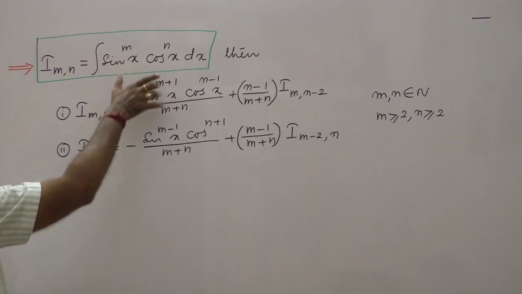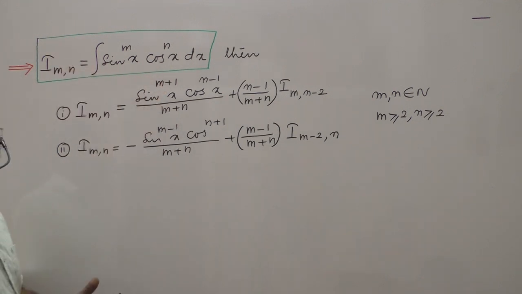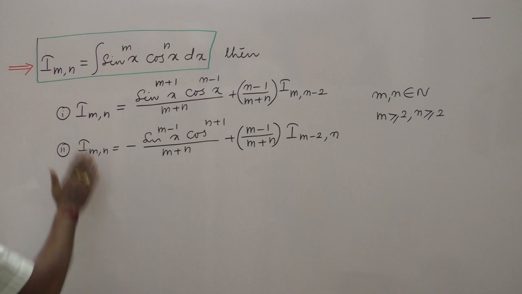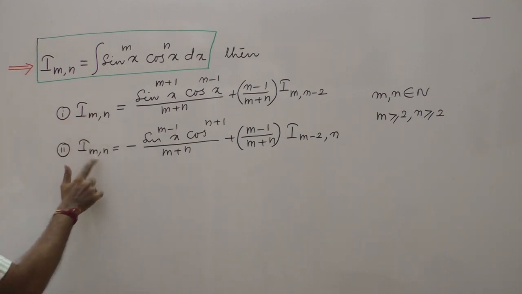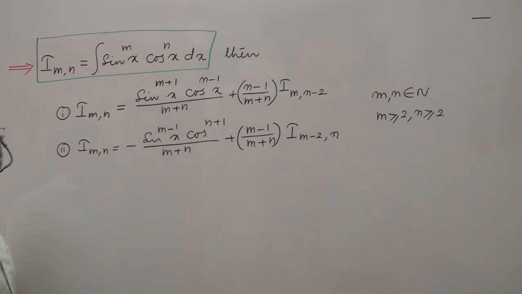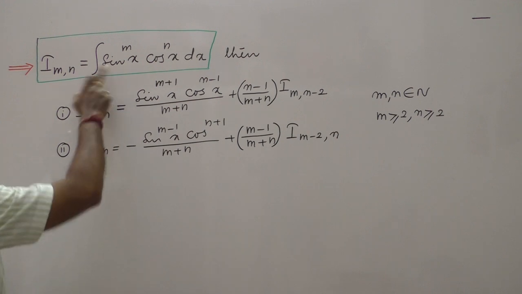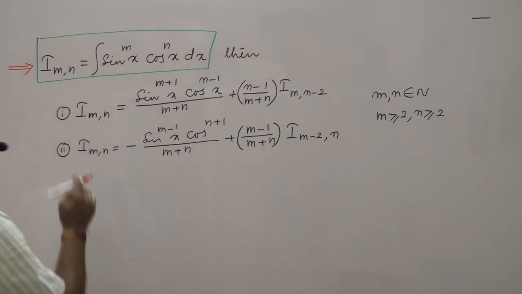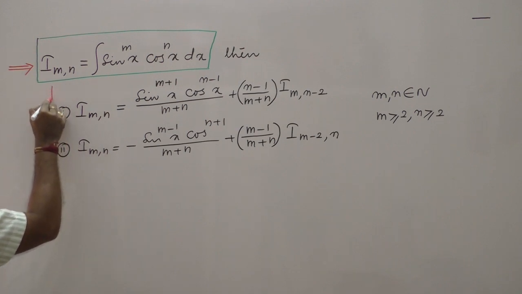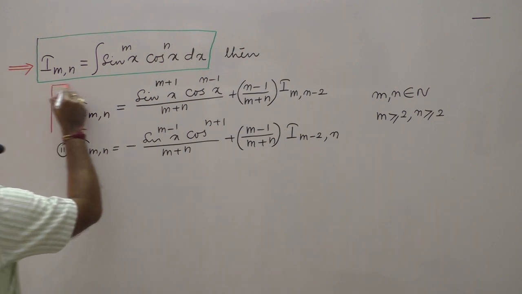If an integral is of this type, then what is its reduction? Its reduction can be done in two ways. In the first reduction, cos power n can be written as cos power (n minus 1) into cos x. You will get one result. If you split sine, you will get another result. So these two are also important. Please learn these.